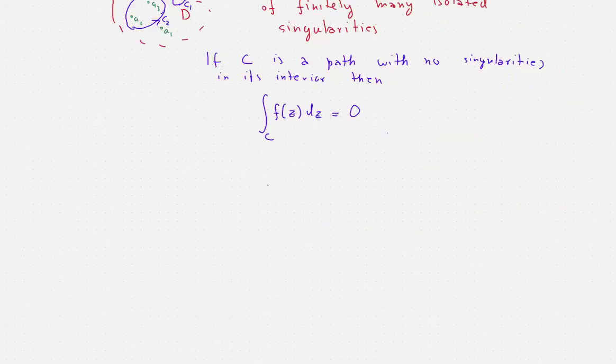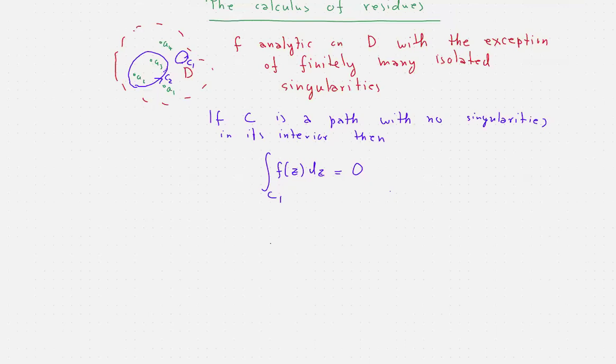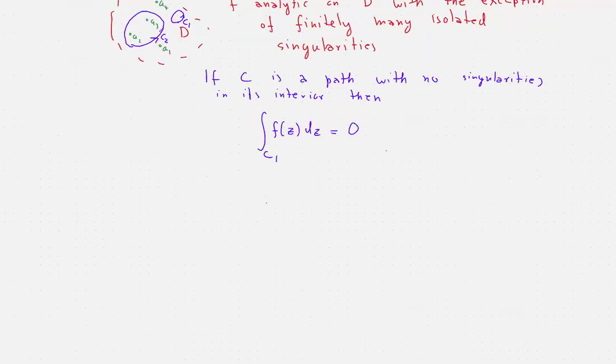We have a very interesting situation here. The principle that we gave before allows us to localize the integrals. What do I mean by this? Let me draw a larger picture and explain. Let's say this is the path C2, and we have one isolated singularity here and one isolated singularity there.